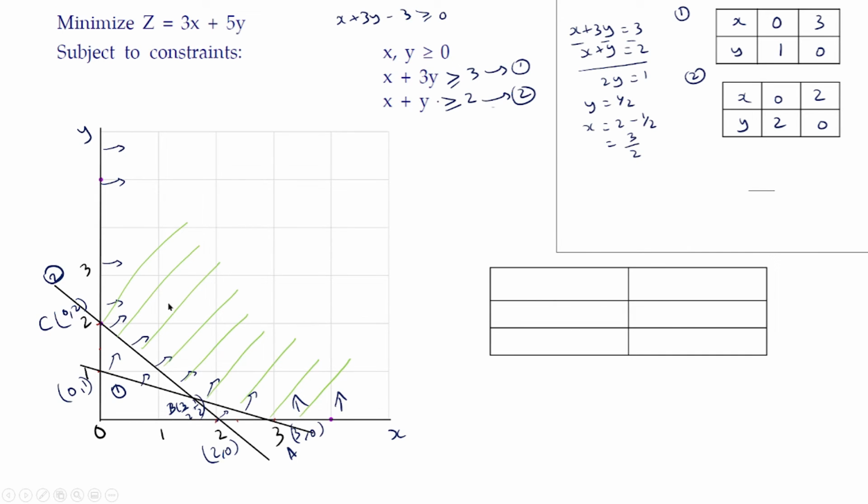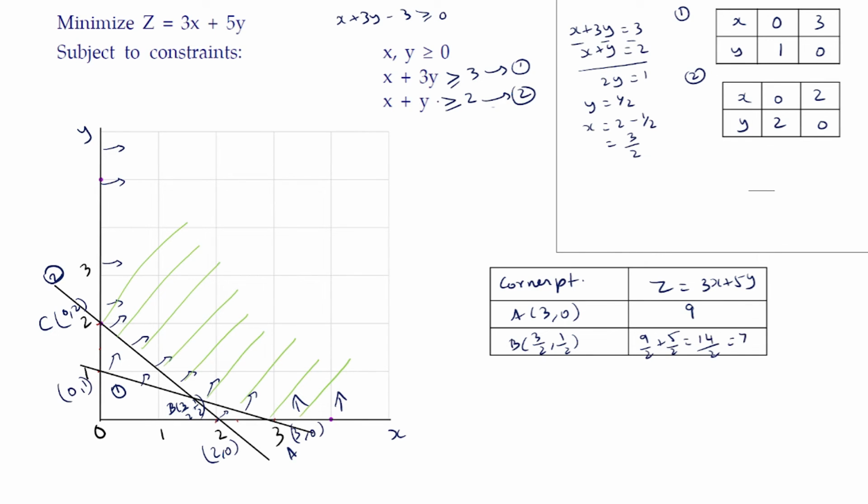Now let us find the value of z at each of these corner points. So here we have the corner point and z is equal to 3x plus 5y. At A (3, 0), the value of z is 9. At B (3/2, 1/2), the value of z is 9 by 2 plus 5 by 2, which is 14 by 2.